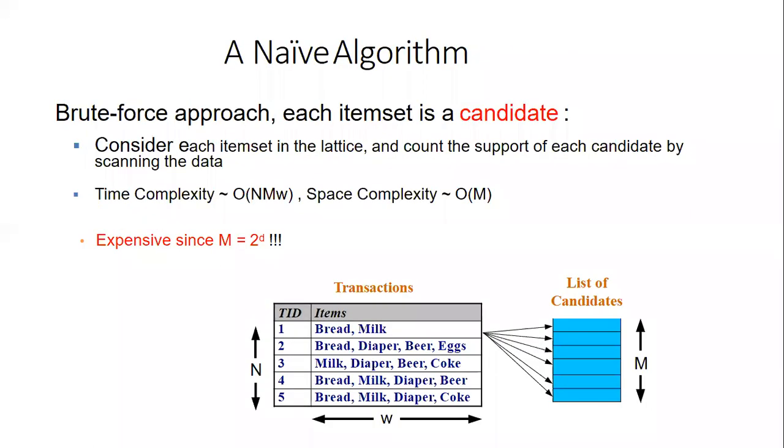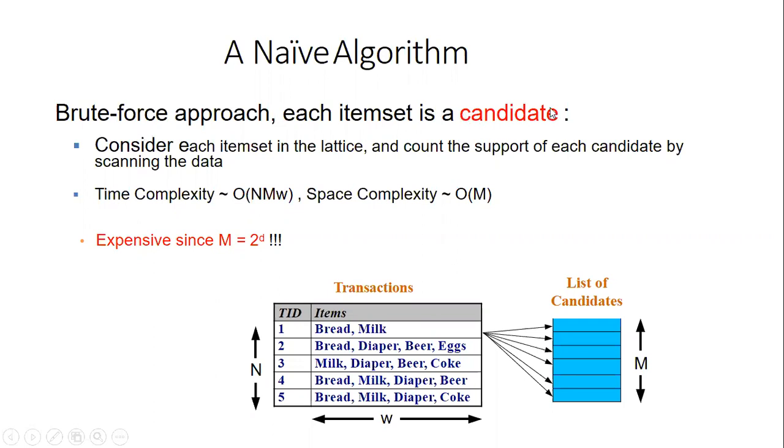Before the Apriori algorithm, an algorithm was used which followed an approach called the brute force approach, in which each item set was considered as a candidate. I showed you the item set lattice.